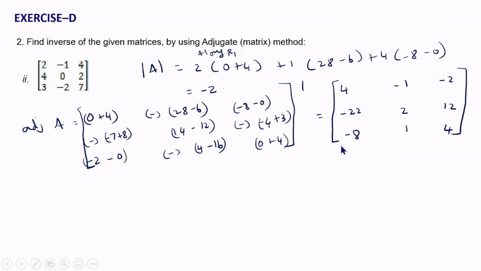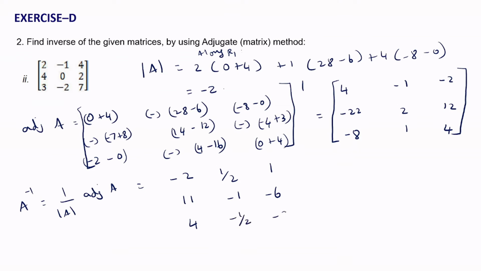So this is adjoint of A, and determinant of A we got as minus 2. So A inverse is equal to 1 by determinant of A into adjoint of A. So it is minus 1 by 2 into this matrix. Minus 2, half, 1, 11, minus 1, minus 6, 4, minus half and minus 2. So this is A inverse.